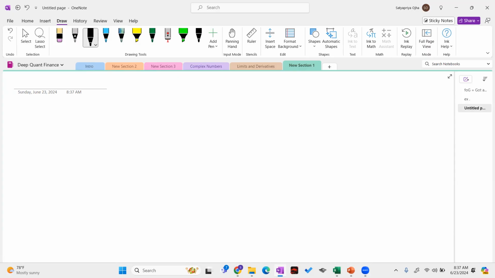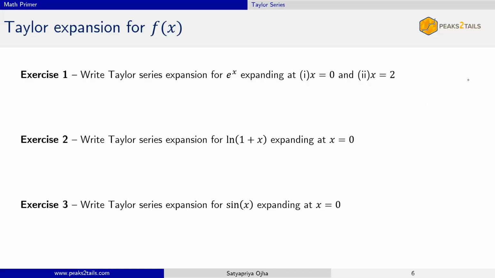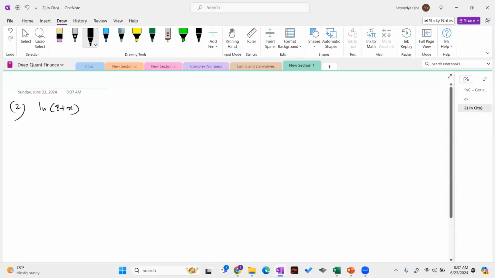So the next question was log 1 plus x, right? Expand at, I think it was at x equal to 0. Yeah, expand at x equal to 0. You can also expand at other values, but now let's write a few derivatives. f dash x is 1 by 1 plus x.